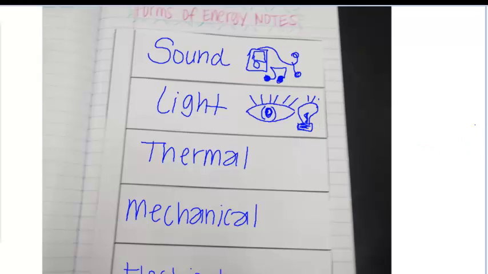Okay? Our next form of energy is going to be thermal energy. Thermal is just a fancy word for heat. Okay, so this is also known as heat energy. Okay, and it's basically just a transfer of heat between two materials.